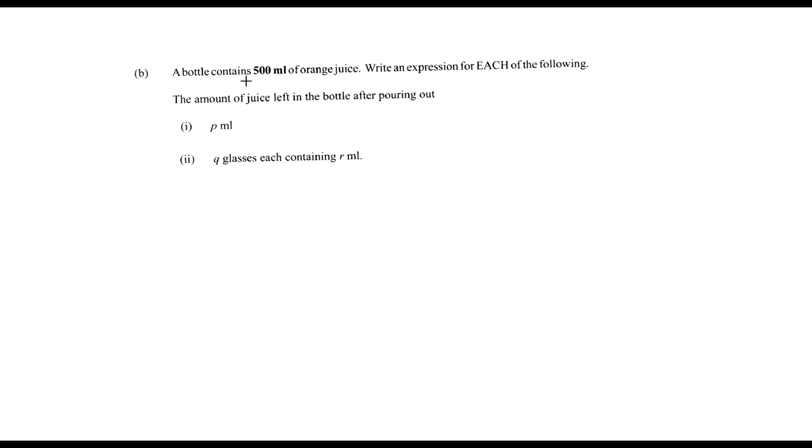In part B, we have a bottle that contains 500 milliliters of orange juice. Write an expression for each of the following. Now they are asking for the amount of juice left in the bottle after pouring out a certain amount. So think of it like this. We have a bottle, and in the bottle we have 500 milliliters.